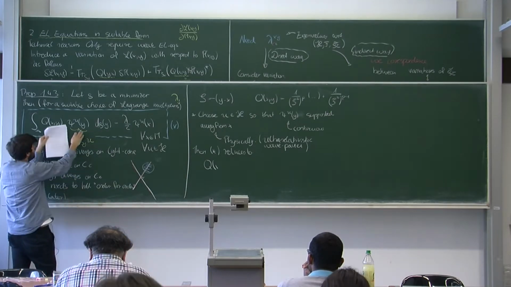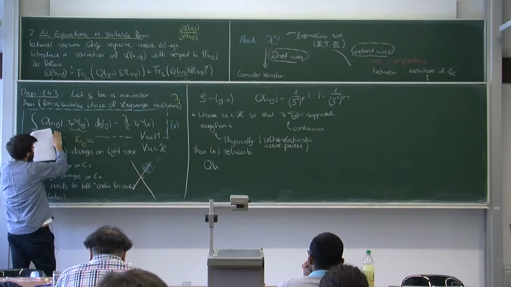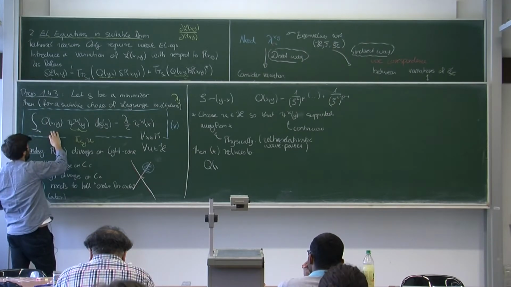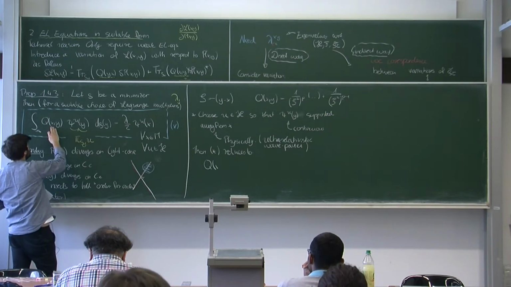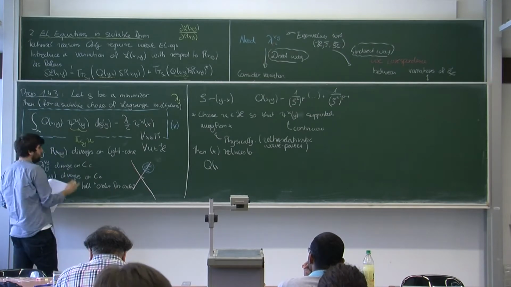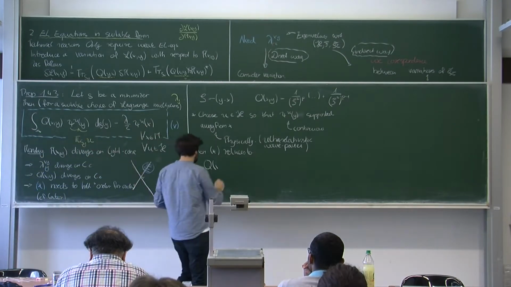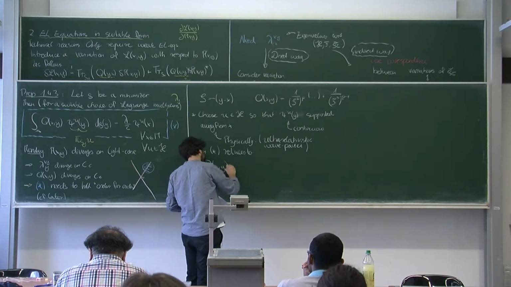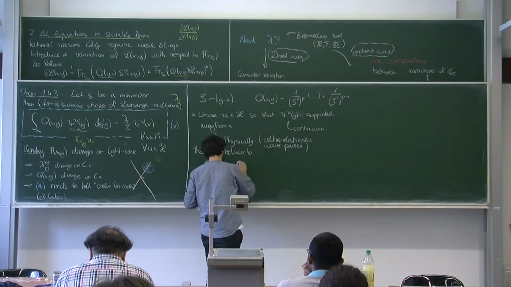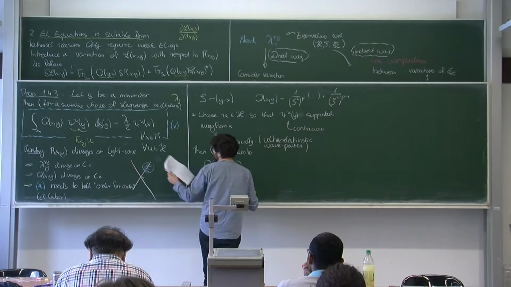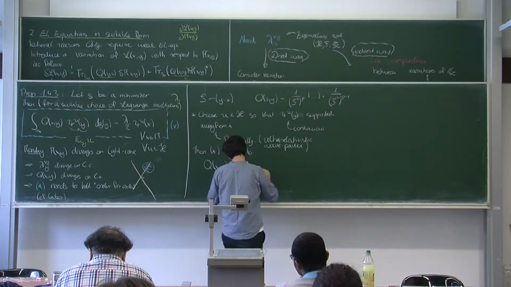And furthermore, if this is not supported at x, the only contribution comes from the parts of Q which connect x and y. So what I end up with is Q of x y equals 0. This is the equation we want to look at, evaluated weakly on the light cone.